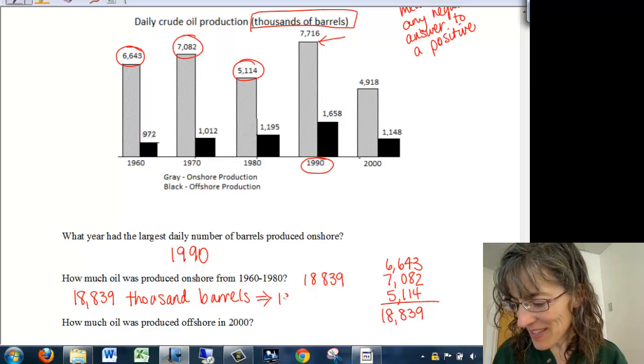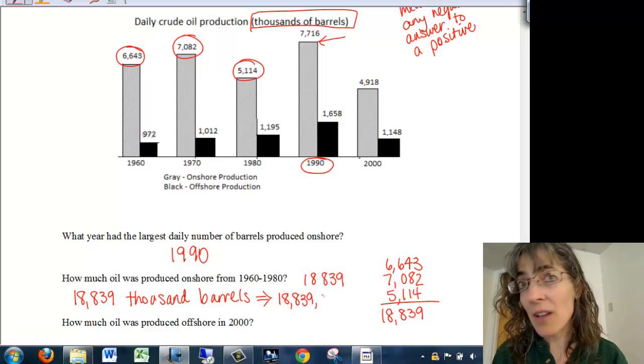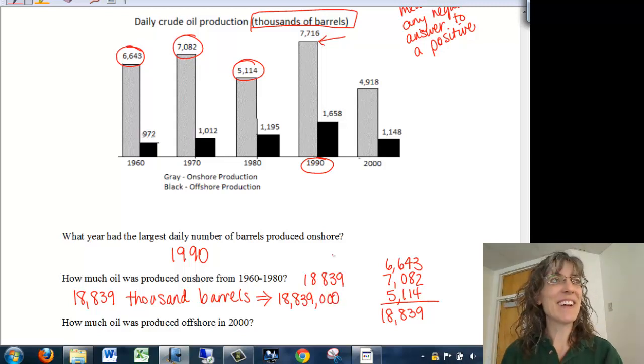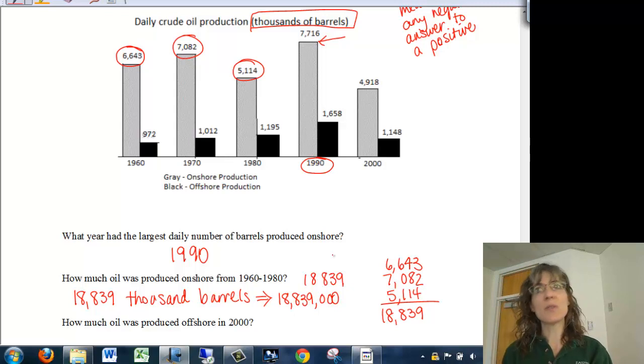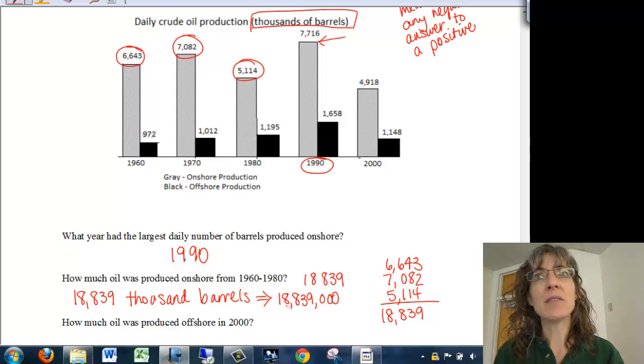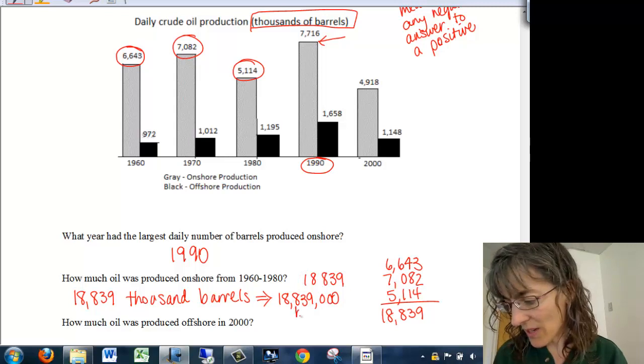Okay, so yeah, it goes like this, 18,839,000, right? That turns a number into thousands. So 18,000, and now it's 18,839,000 barrels.